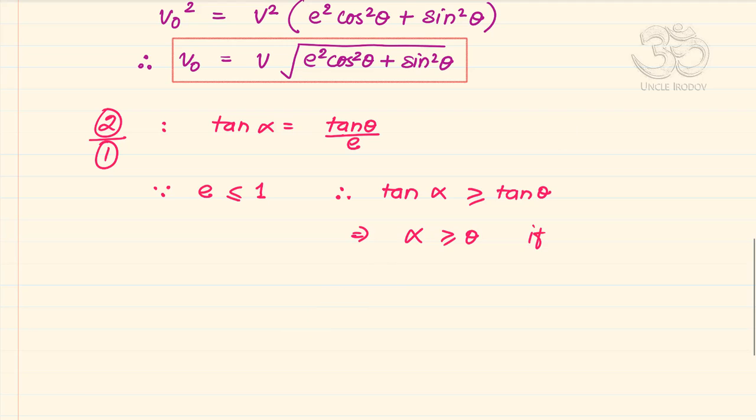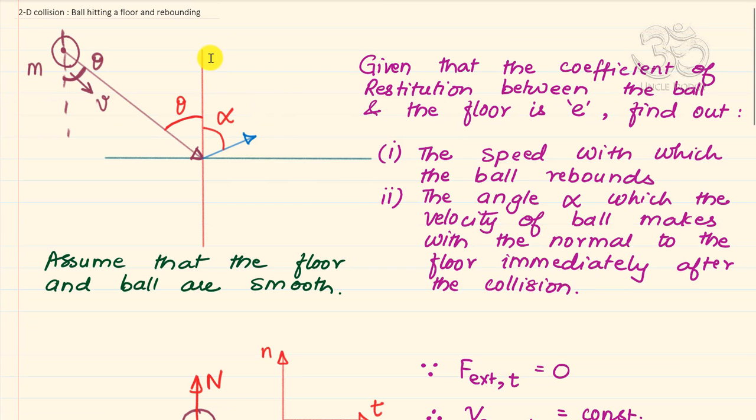If alpha and theta both belong to the set of all angles between 0 degrees and 90 degrees. In fact, I should not have square brackets, I should have parentheses to show that these two endpoints are not included. At 90 degrees, the value of tan will be infinite, and at 0 degrees again it will be a normal collision. So the ball will come and hit the floor perpendicularly if theta is 0 and will bounce off perpendicularly, so that's one.